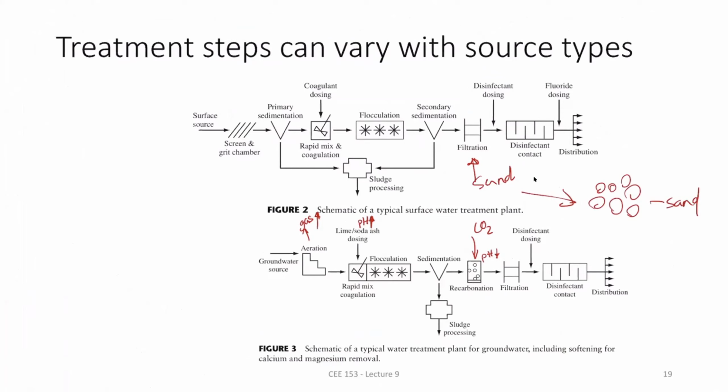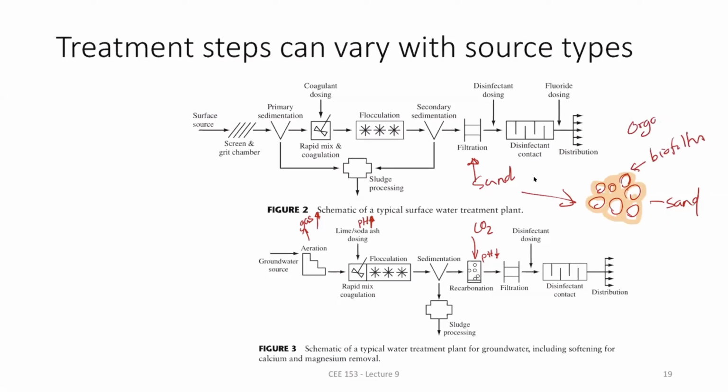There are natural microorganisms which are okay, so they grow on top of that, and they create this biofilm, and that biofilm can actually remove organic pollutants.